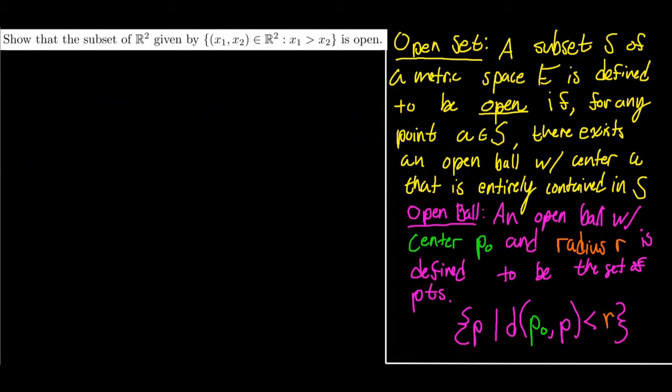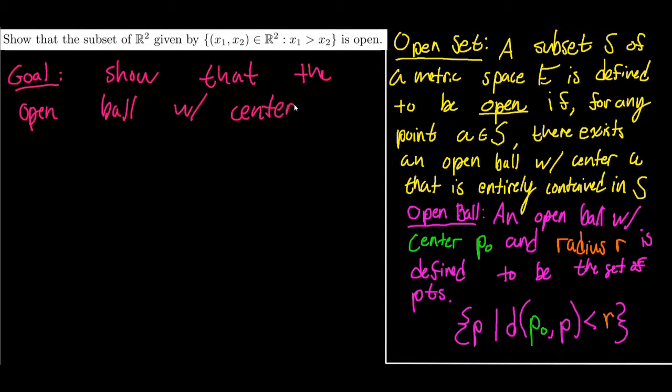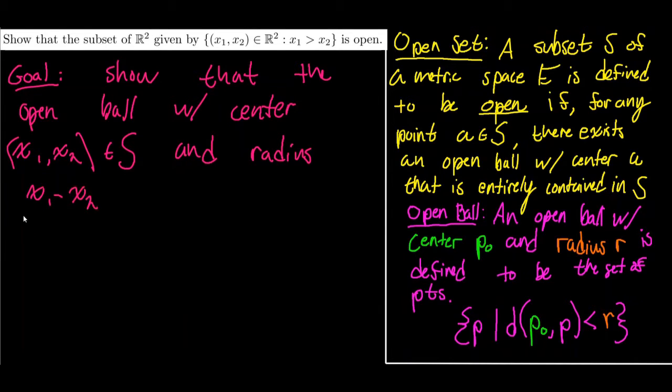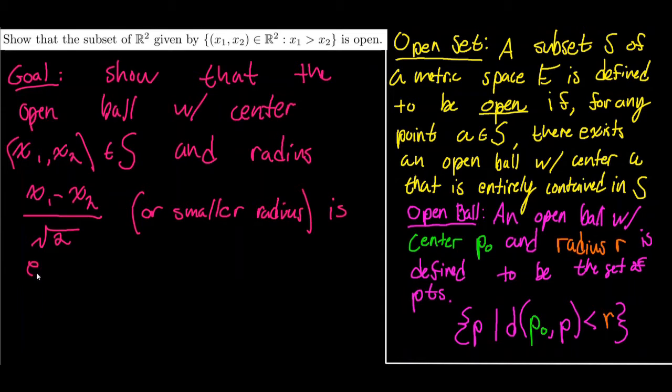So, our goal: show that the open ball with center x1, x2, and that point x1, x2 is in S, with center x1, x2 and radius (x1 minus x2) over the square root of 2 or smaller radius is entirely contained.